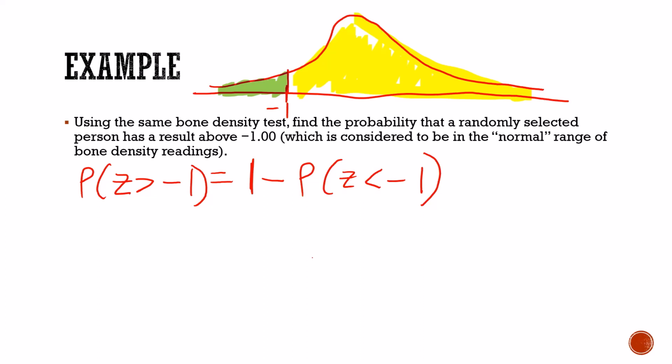So I'm going to tell you this. You guys practice looking this up in your table. So find the green area by looking at your table. I'll write it down once you think you have it. Point out the correct value to the person sitting next to you.